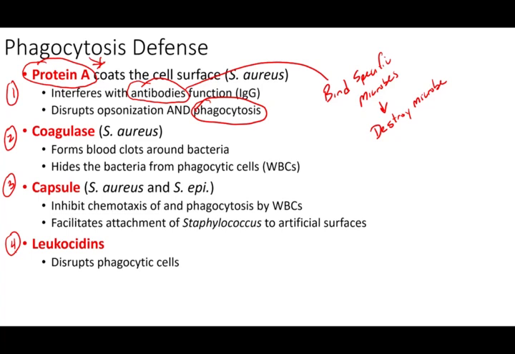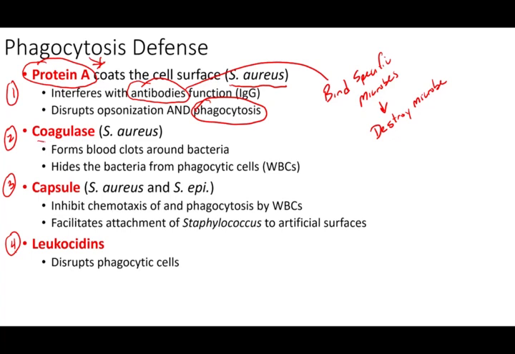This protein on the surface causes disruptions in several important host immune cell mechanisms. So that's one really important anti-phagocytic defense that Staph has, and this is mostly Staph aureus. In parentheses, I have which of the two Staph species frequently exhibits these specific virulence factors.